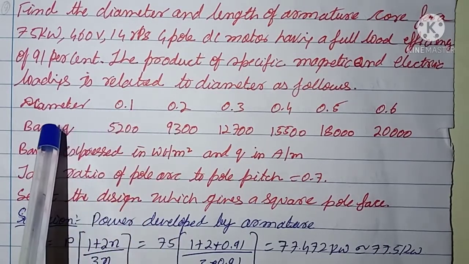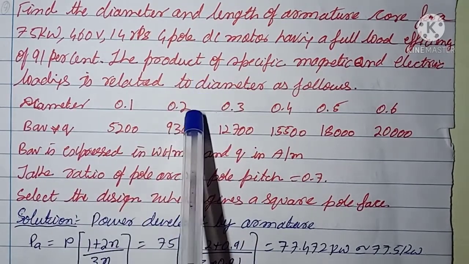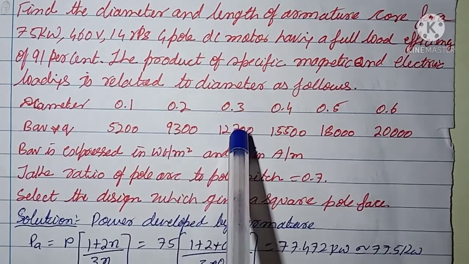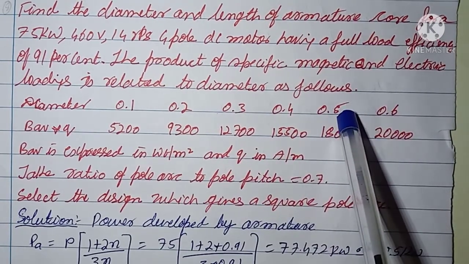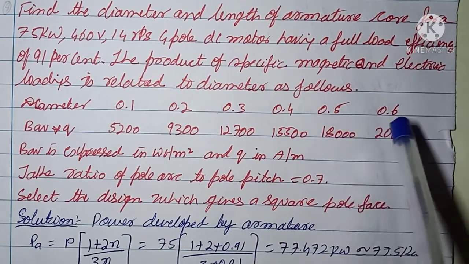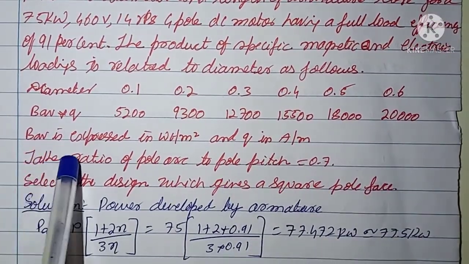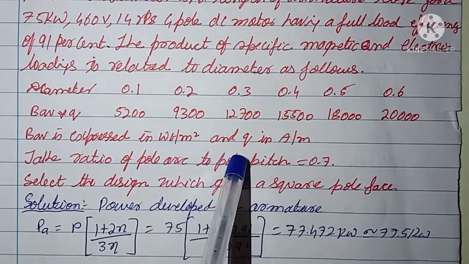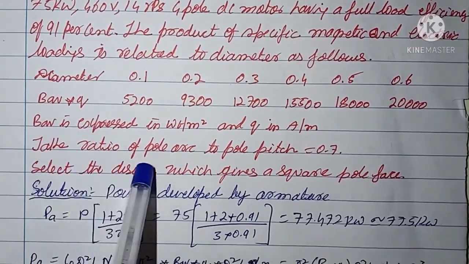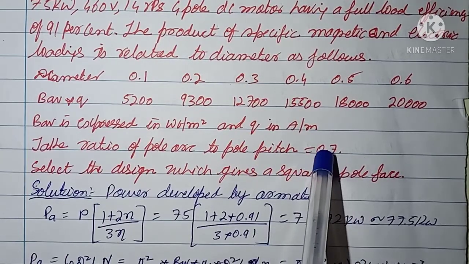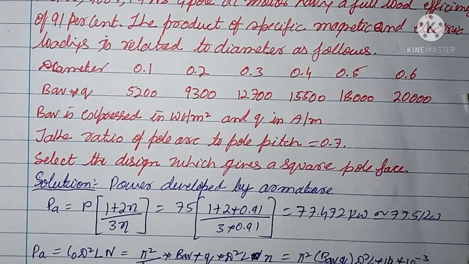For 0.1 meter diameter, the product of the specific loadings is so much; for 0.2 it is 9,300, for 0.3 meter 12,700, for 0.4 it is 15,500, for 0.5 it is 18,000, and for 0.6 it is 20,000. B is expressed in Weber per meter square and Q in ampere conductor per meter. Take the ratio of pole arc to pole pitch to be 0.7, and then select the design which gives a square pole face.